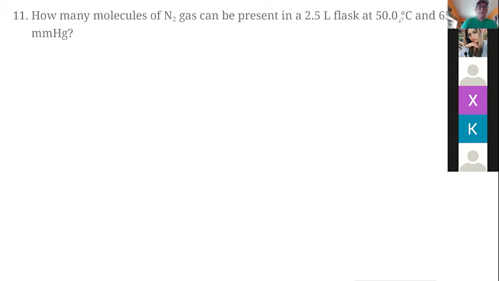Avogadro's number is overrated. That's just my opinion. He did a lot of other great stuff. In fact, Avogadro is the person. What's Avogadro's contribution to the gas laws? Anyone know? It's one of the laws. Does it have to do with the volume?